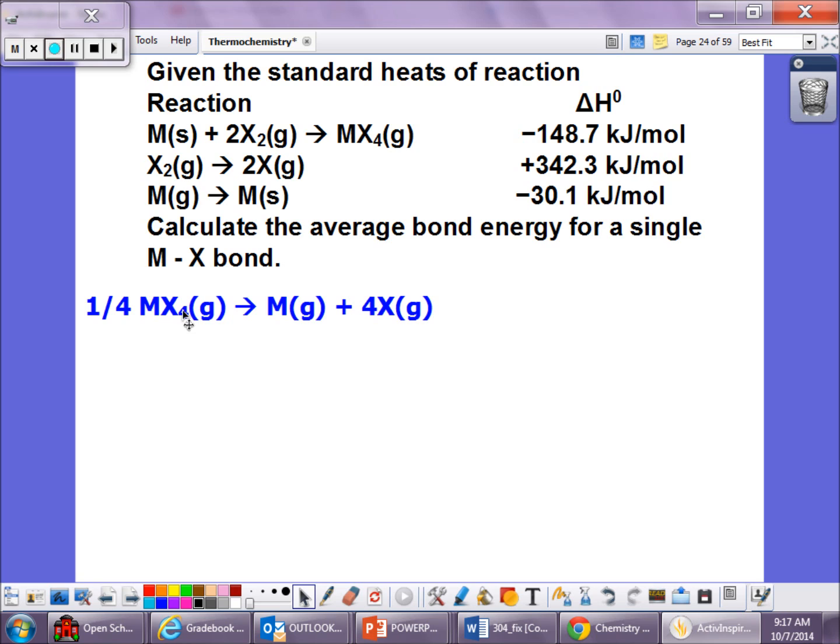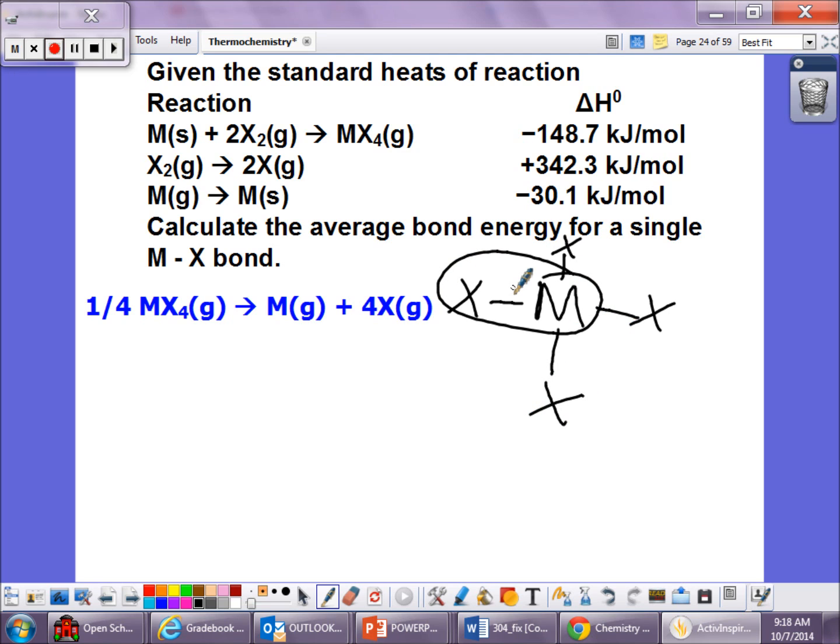But because they ask only for the MX bond, this is M, this is X4, this is X, this is X. They are asking only for MX. So when we find MX4, we need to divide it by 4 to get just 1 MX. So that means this is our target equation. If I did not tell you, it would be hard to know the target equation. So make sure you learn that.